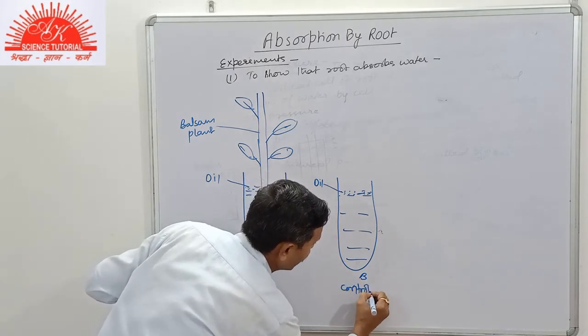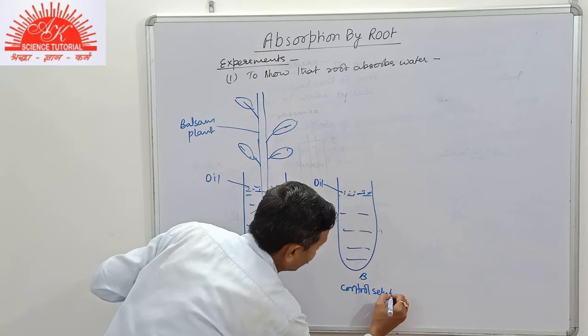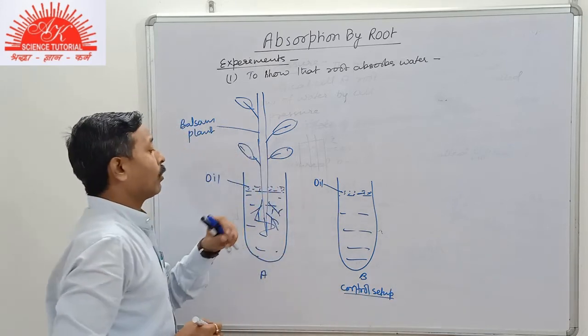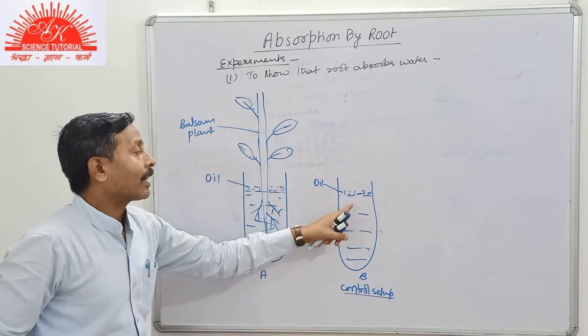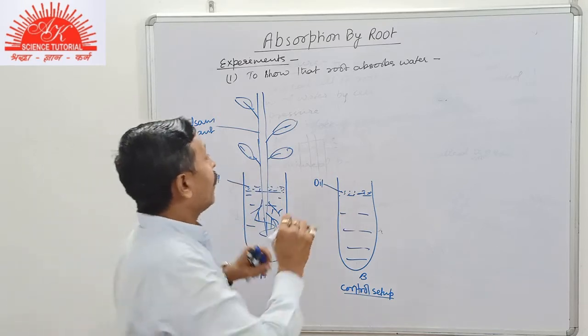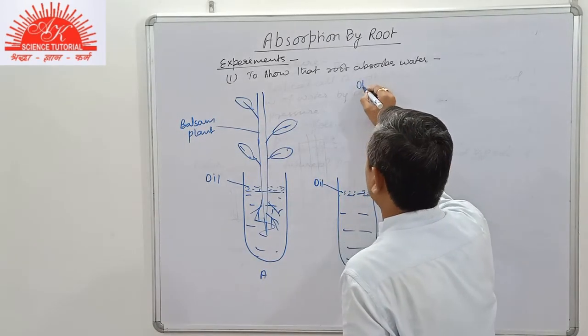This is the control setup. If the question is asked what is the requirement of setup B, we will say that it acts as control. Now what will be the observation?